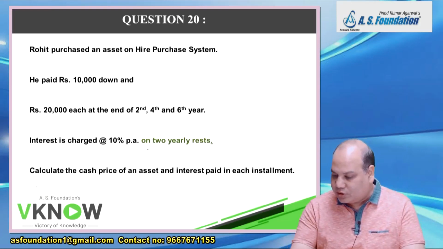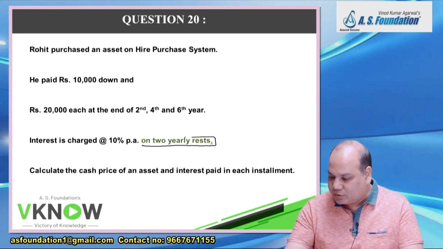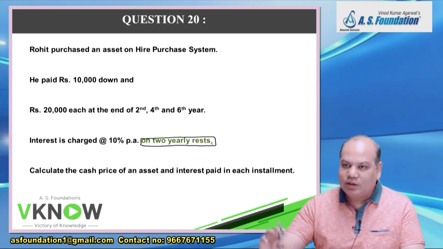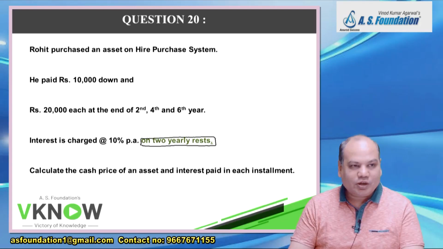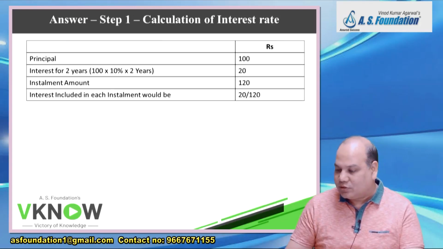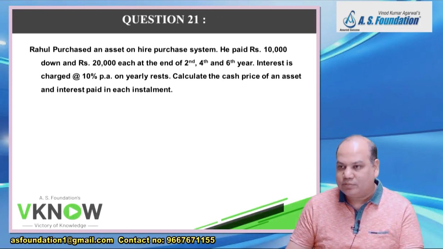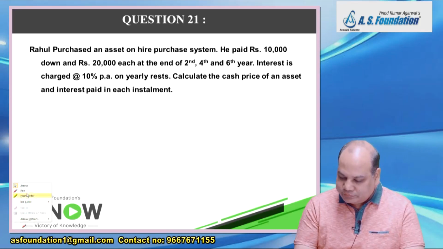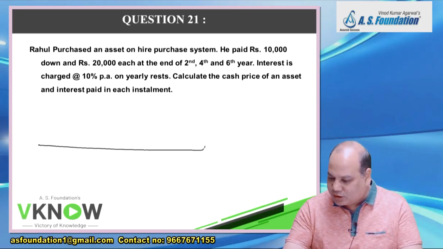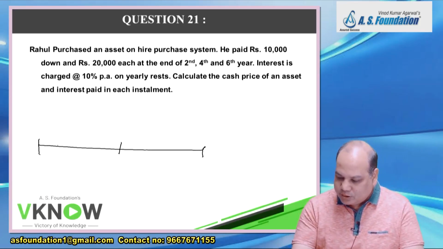Underline. On 2 yearly rest means interest will be calculated for 2 years at a time and then compounding will be done. And interest charged on yearly rest means interest will be calculated per annum and then the compounding will be done. So, if the interest is charged on yearly rest, what does it mean?